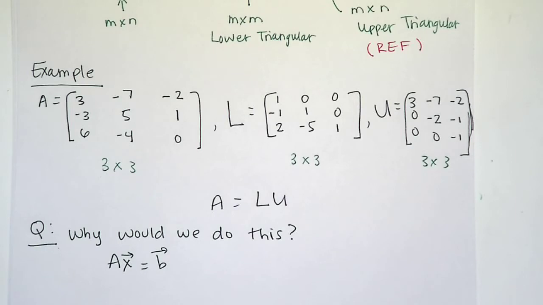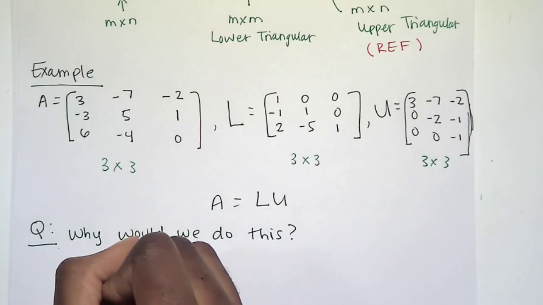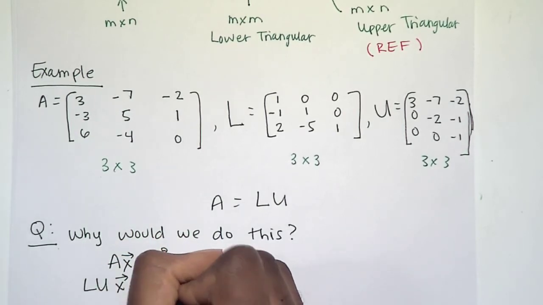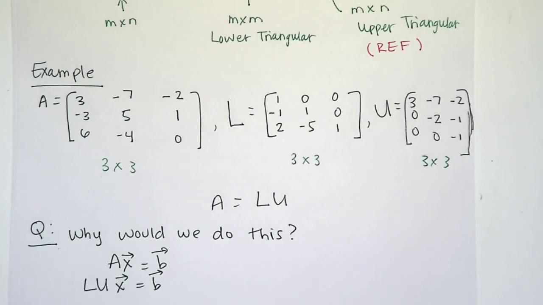So we have a system AX equals B. But according to this, we could actually rewrite A as L times U. So that's what I'm going to do. Instead of using A, I'm replacing it with L and U.